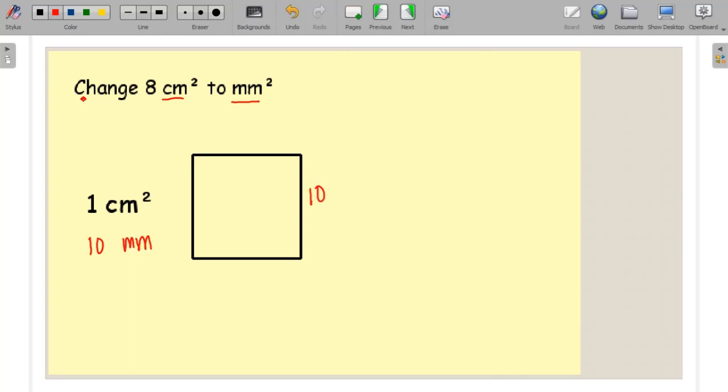So 10 millimeters by 10 millimeters, that would be 10 times 10, which is equal to 100 millimeters squared units.